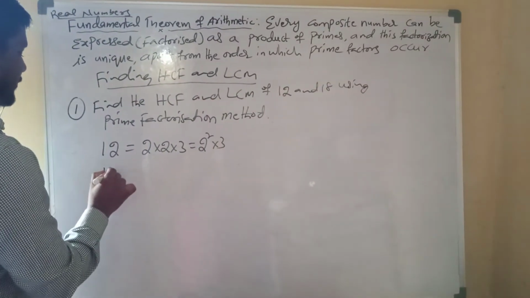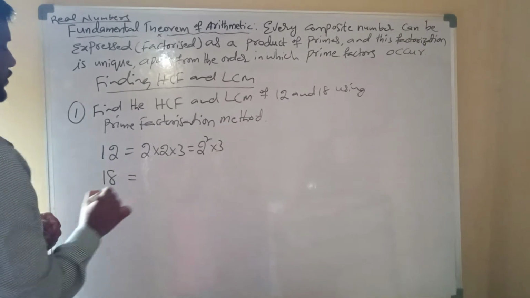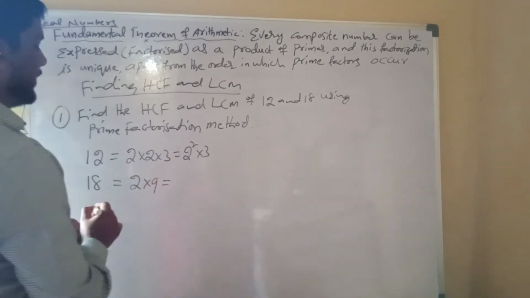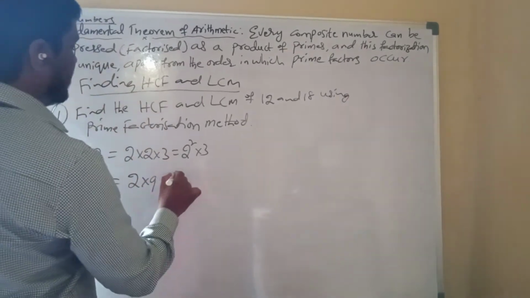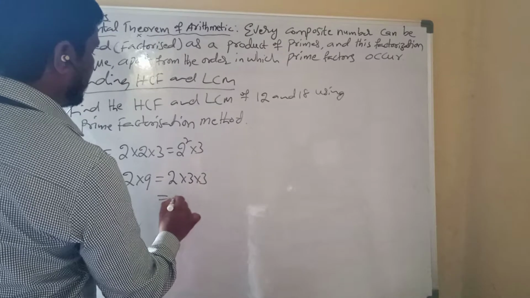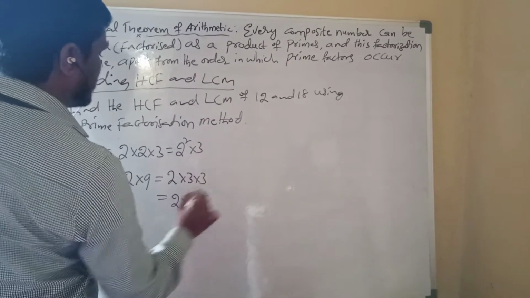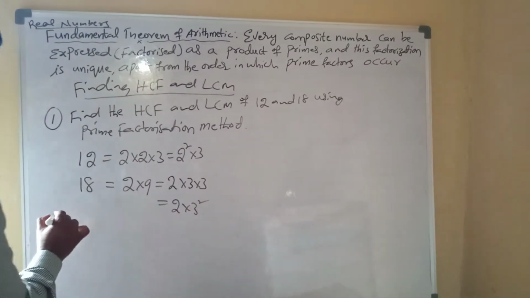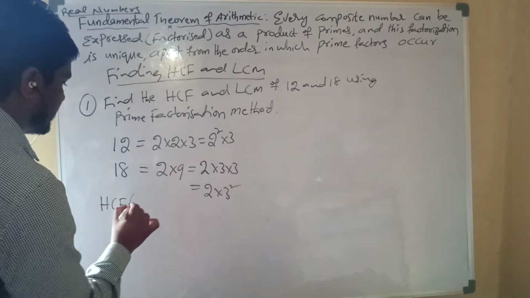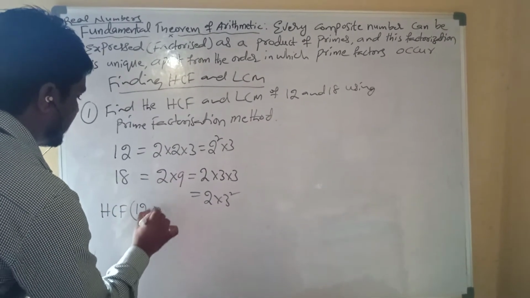Write 18 as a product of primes here. 18 is equal to 2 into 9, and 9 can be written as 3 into 3, that is 2 into 3 into 3, that is 2 into 3 square. Here HCF means HCF of two numbers, that is 12 comma 18.